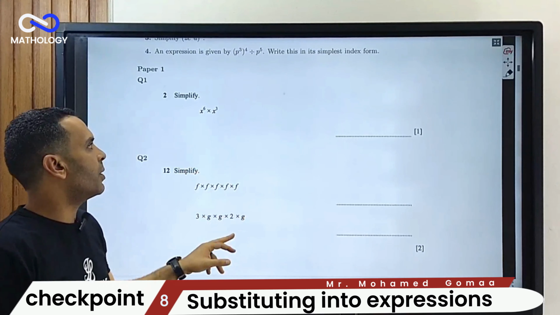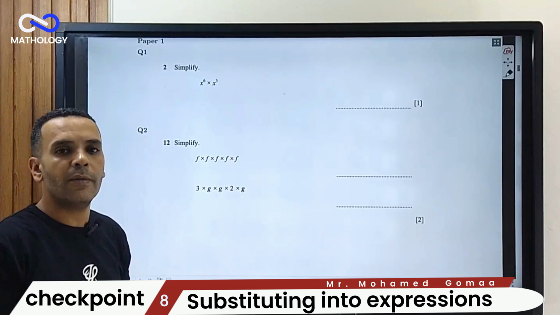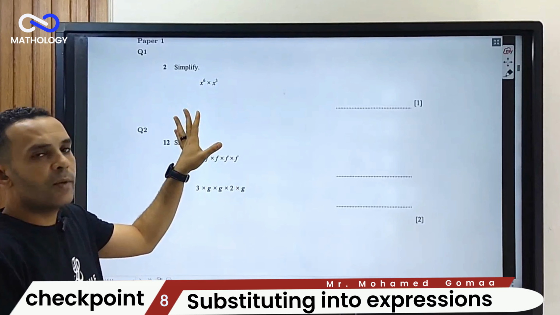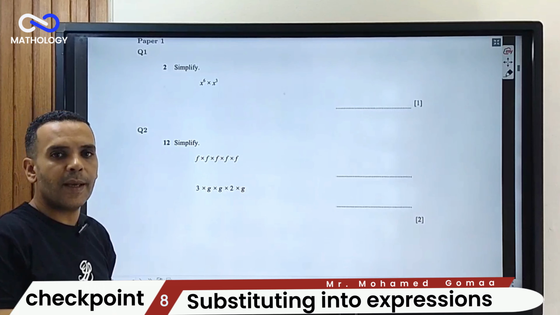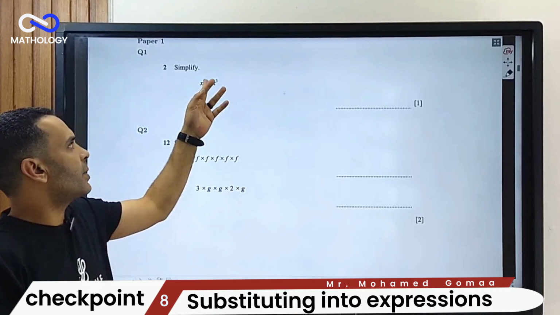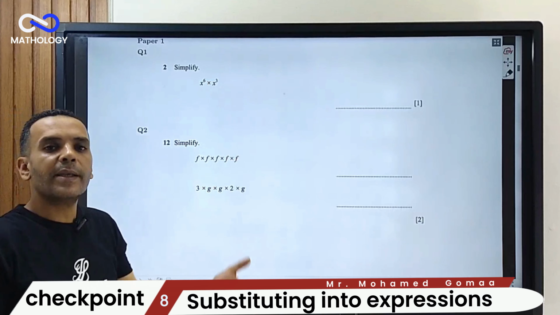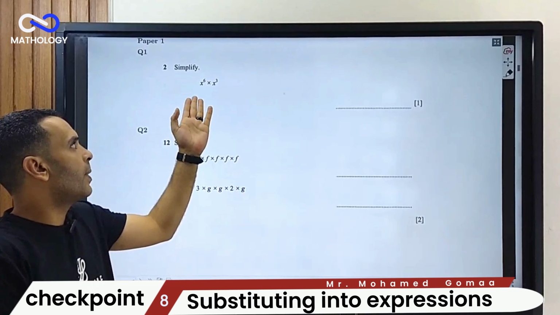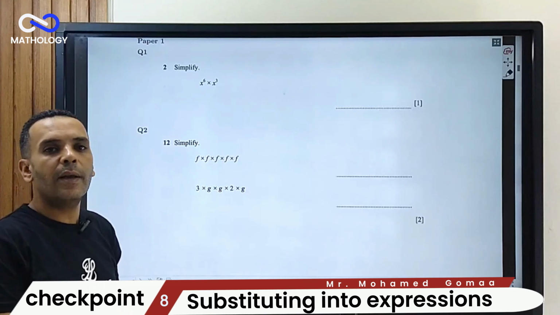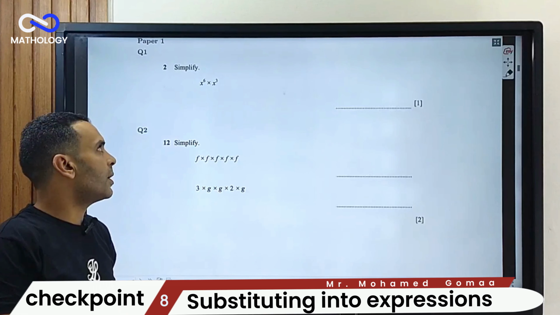Simplify x to the power of 6 multiply x to the power of 3. We have like bases, which equals x, okay? Base x and base x. One of them power 6 and the other power 3. It will be x to the power of 9. Add the powers. Why? Because we multiply like terms.